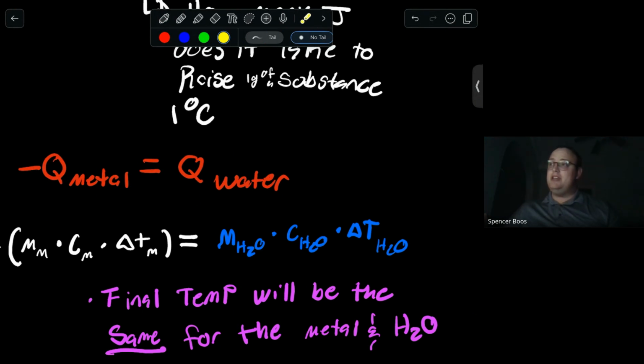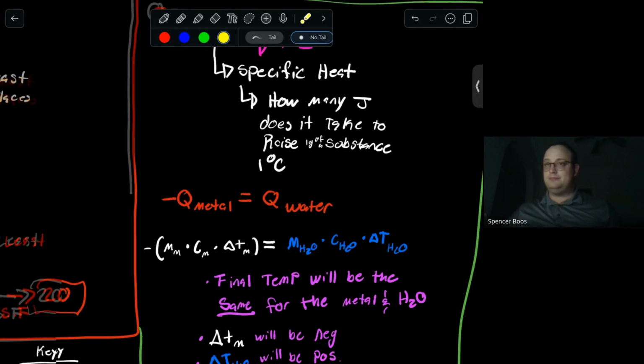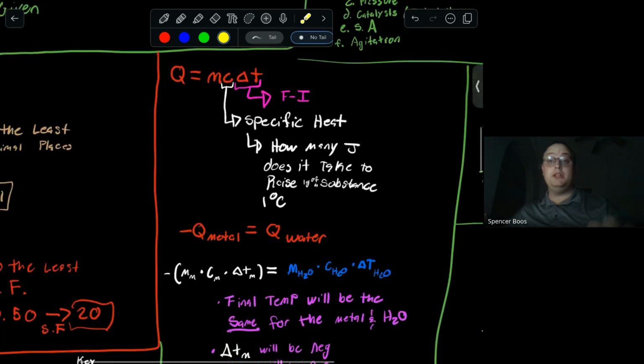The reason we didn't put it is because it's pretty intuitive: any heat lost by the metal is gained by the water. And then we're done and dusted. That's the only one. All the other ones will be given as long as you know stoich.